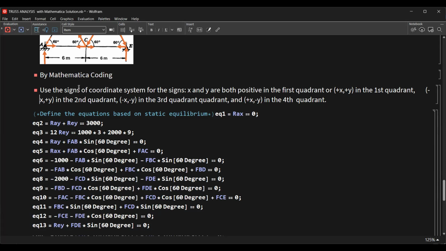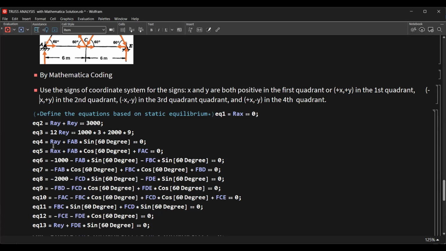So 1000 times 3, the torque of the 1000 kilogram, and the torque of the 2000 kilogram times 9, since 6 plus 3 equals 9. The torque of the reacting force at point A is 12, since 6 plus 6 equals 12. So 12 times RA equals 1000 times 3 plus 2000 times 9.